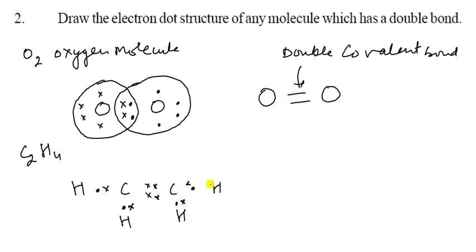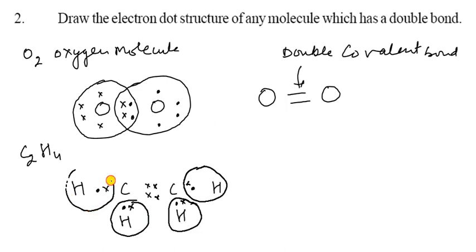Hydrogen has only one electron in the outermost shell, so you can put here only one electron, and carbon has 4 electrons, so 1, 2, 3 and 4.